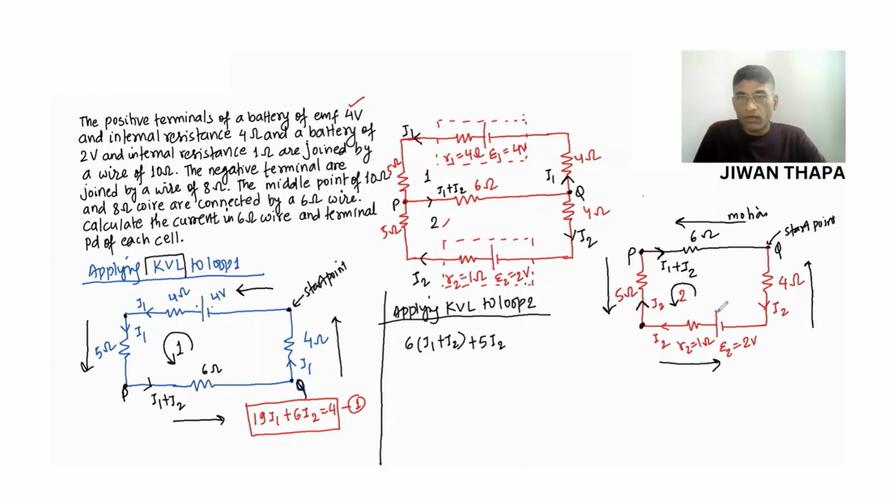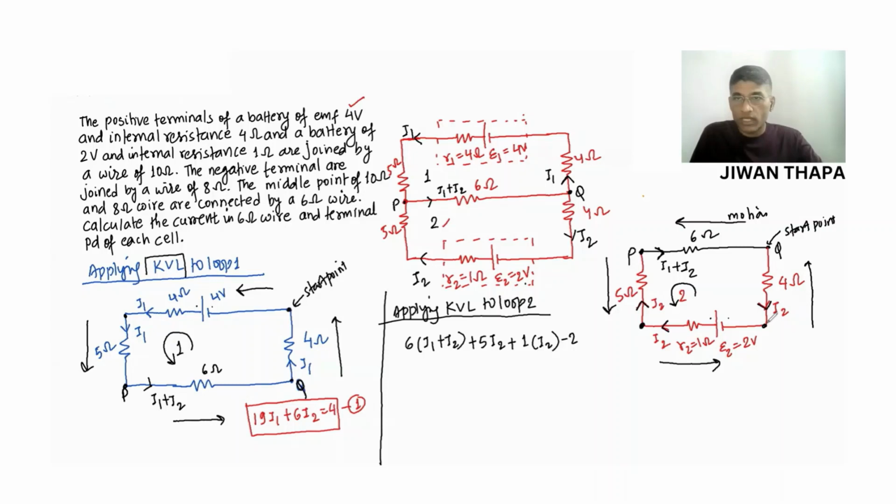And for this resistance, if we find 1 times I2, we are moving opposite to current I2. So this is taken as positive. And for this cell, we are moving from positive to negative, that is from high potential to low potential. So for that reason, EMF E2 is taken as negative. So we have minus 2 volt.